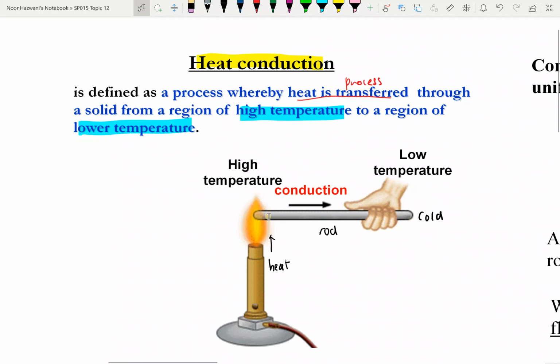Okay, once you panaskan the left hand of the rod, yang ini dulu yang akan jadi panas. So, bila panas, heat akan dipindahkan ke kanan. So, heat will be transferred from higher temperature to low temperature.